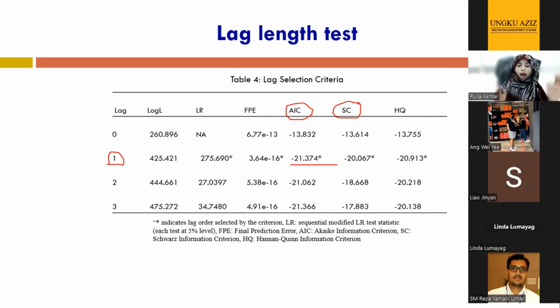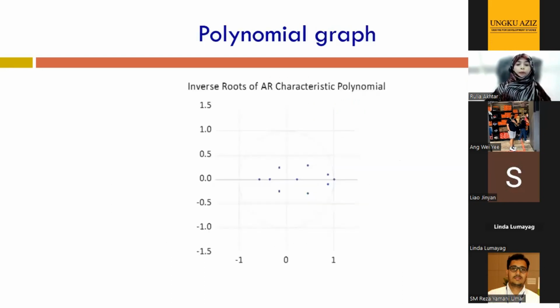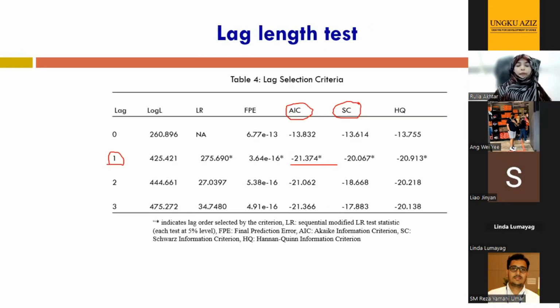This is actually how you write up or put in a table form in your article, your research paper, or your thesis. Okay, now once we select the lag, I will show you the polynomial graph.